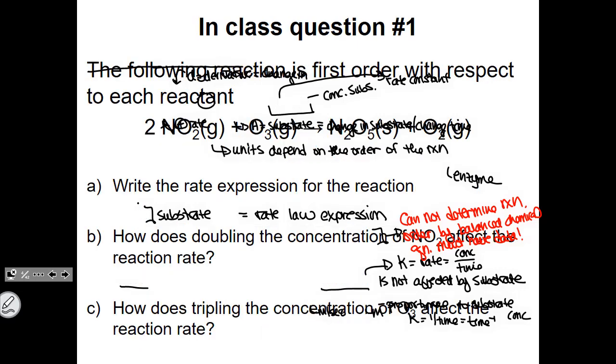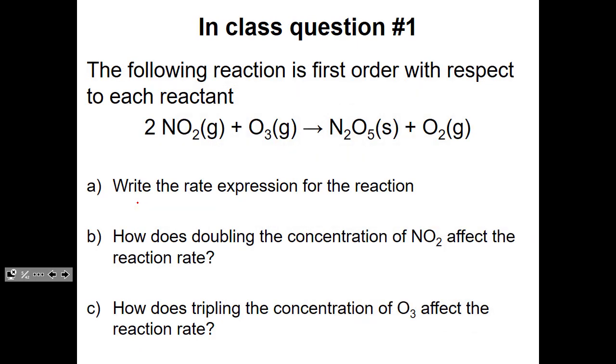All right, so let's do a clicker, or I guess just a problem in class, showing just how you might see these types of questions on an exam, quiz, or in your homework. All right, so the following reaction rate is first order, so I tell you it's first order with respect to each reactant or substrate. And so we have two substrates, nitrogen dioxide and ozone, all right?